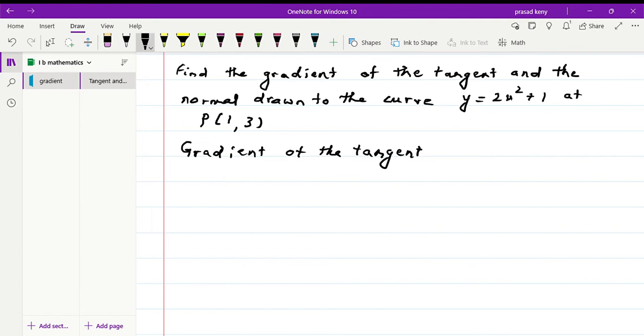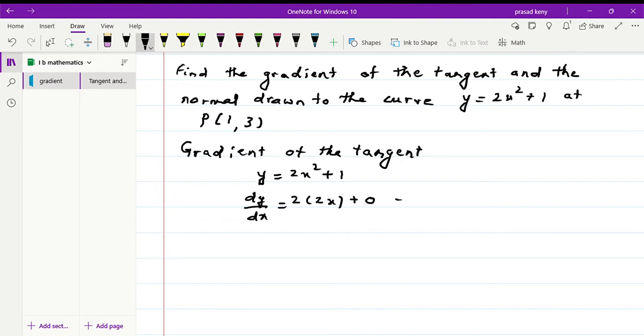So, first you differentiate y is equal to 2x square plus 1. So, dy by dx will be 2 into the derivative of x square, which is 2x, and the derivative of 1 is 0.